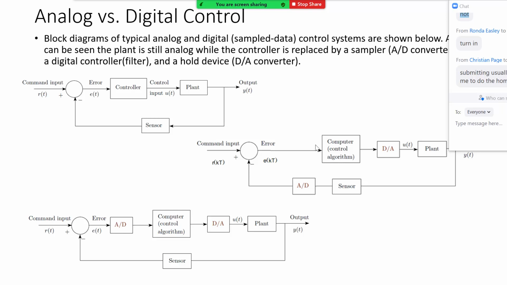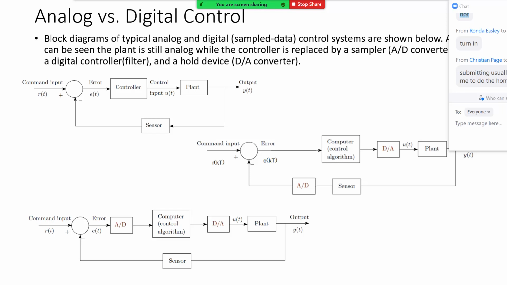So if you look at the graph, actually let's go all the way to the graph at the bottom and then go to the one in the middle. So now what I want to do in this class is take a command signal. I'm going to take the error signal that I obtained. This is still analog. I'm going to take an analog to digital converter, feed it to the computer, and let the computer algorithm decide how the signal should be applied to the plant.